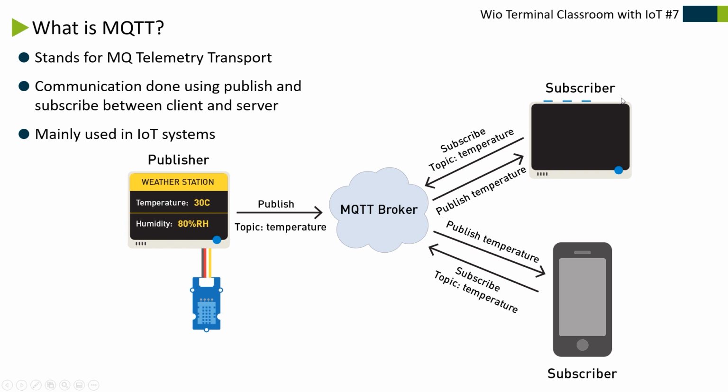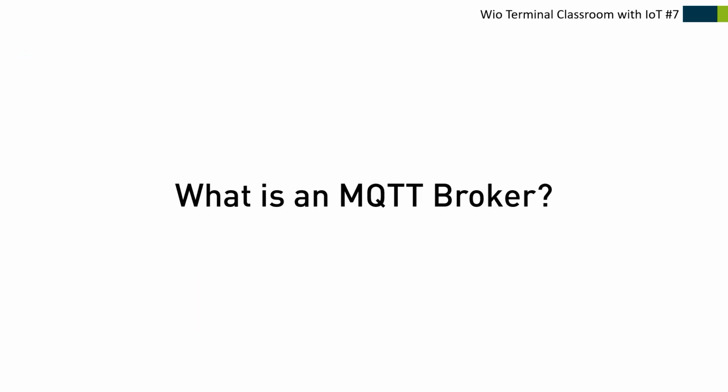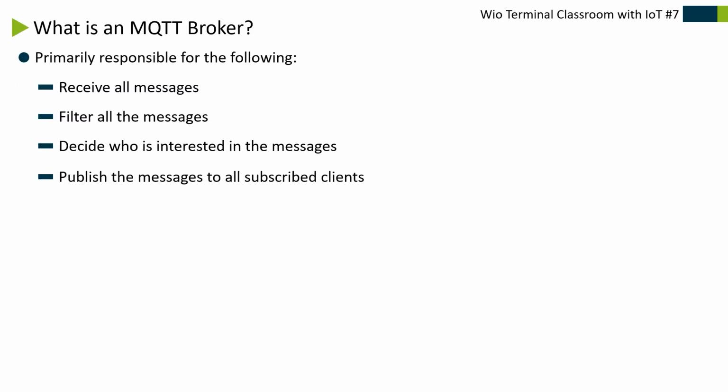If there are multiple subscribers subscribed to different topics, the MQTT broker will publish the data to each and every subscriber. So what is an MQTT broker? Mainly the MQTT broker is responsible for the following. As I have explained before, it receives all the messages, filters all the messages, decides who is interested in the messages, and finally publishes the messages to all subscribed clients.